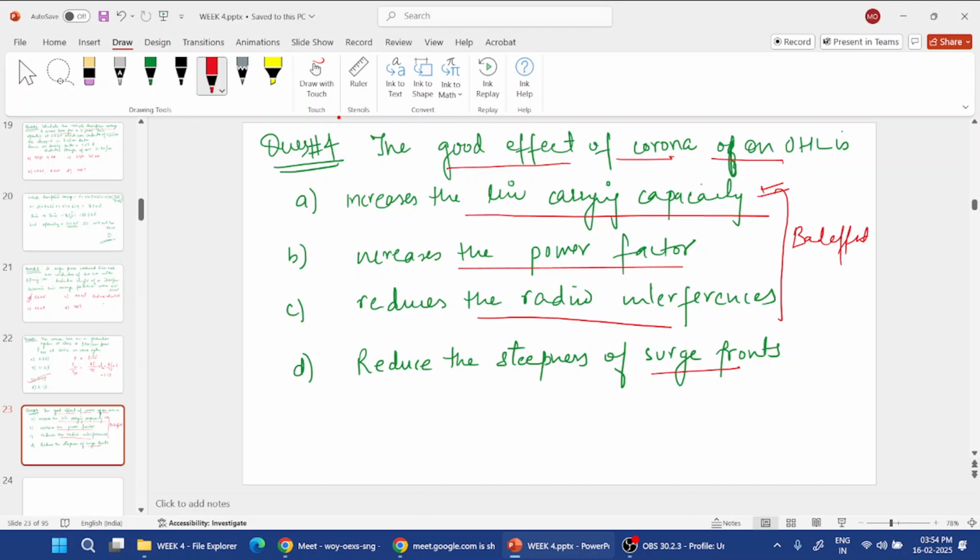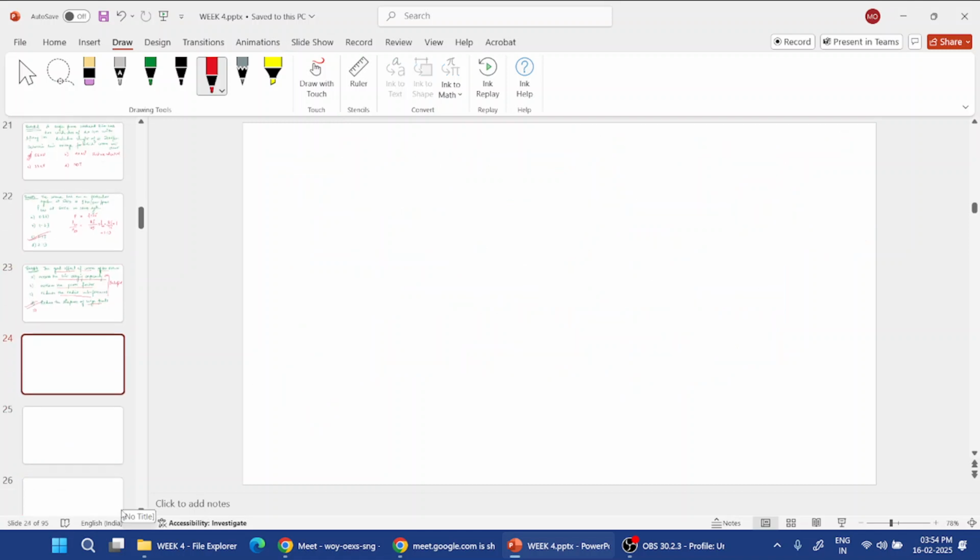So the ionized air around the conductor will reduce the steepness by creating a cushion, helping in smoothing out the energy, and it will result in less severe surges, which are likely to cause less damage to the insulation. So as per the question, the fourth option is the correct one.